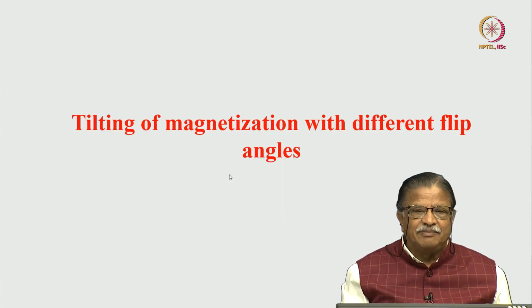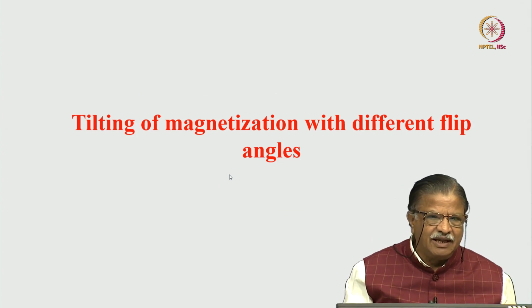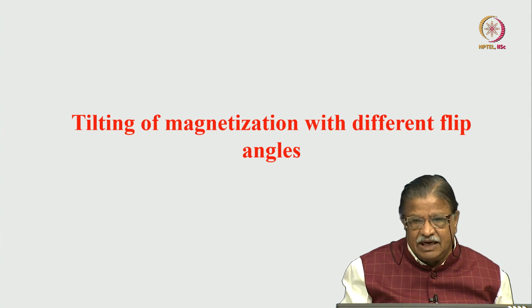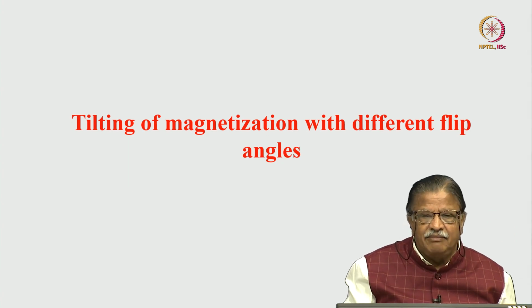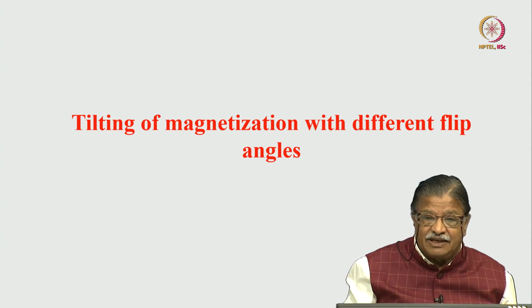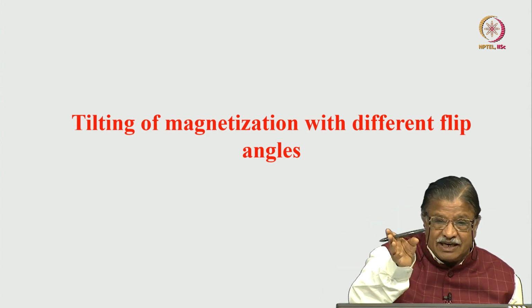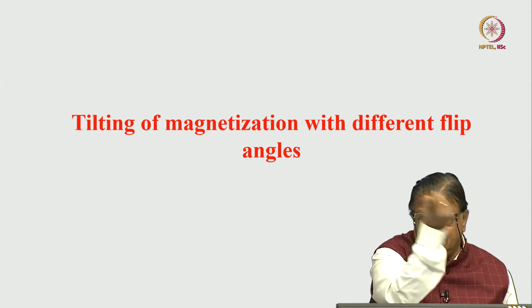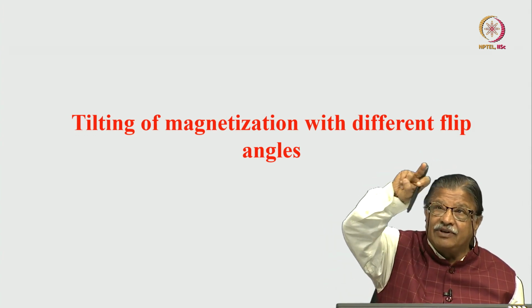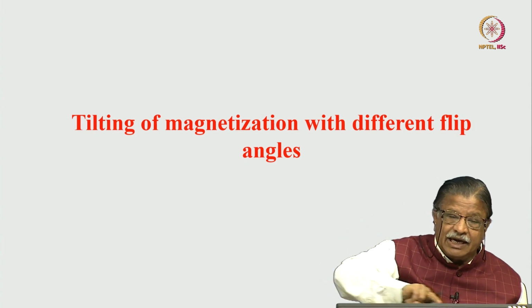And the tilting of this bulk magnetization you can do with different flip angles. That is what I said last time. In the previous class I said we can tilt the magnetization from the z axis to the x axis to the y axis, minus x axis and again take it back to the z axis. I can make the magnetization come from the z axis slowly like this and take it back to the z axis.